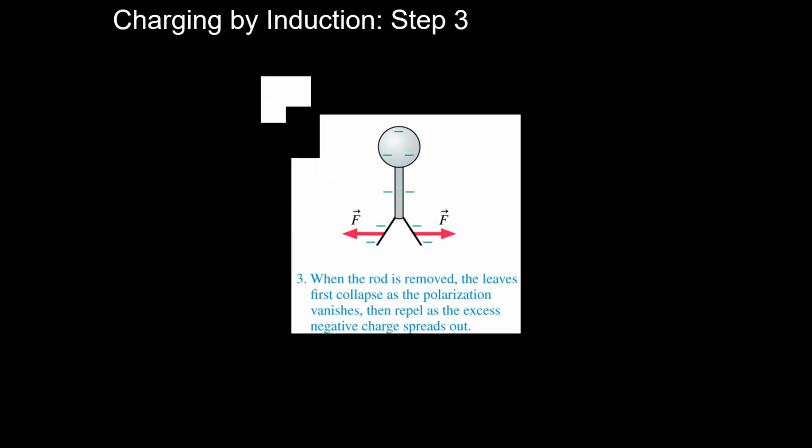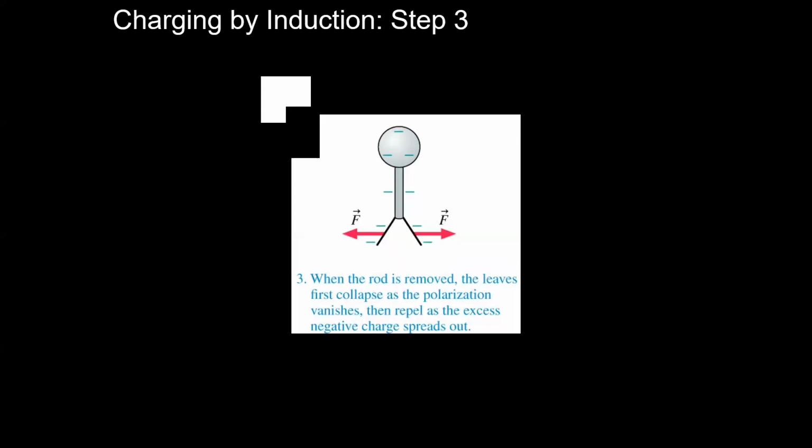If you bring a charged object to the conductor, remove it, and then disconnect, then nothing happens. You have to bring the charged object to the neutral conductor, disconnect the neutral conductor from its bigger conducting object, and then remove it. That's the only way you're going to get the charge by induction.